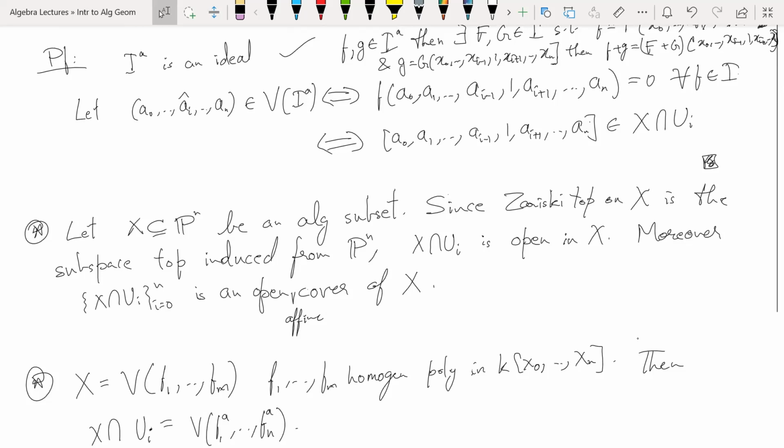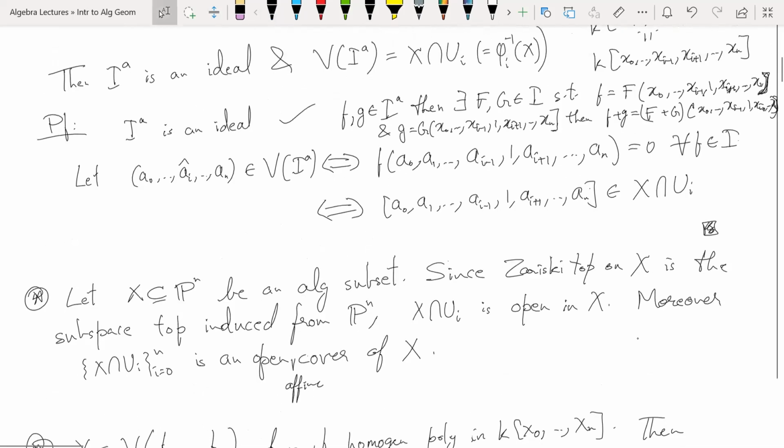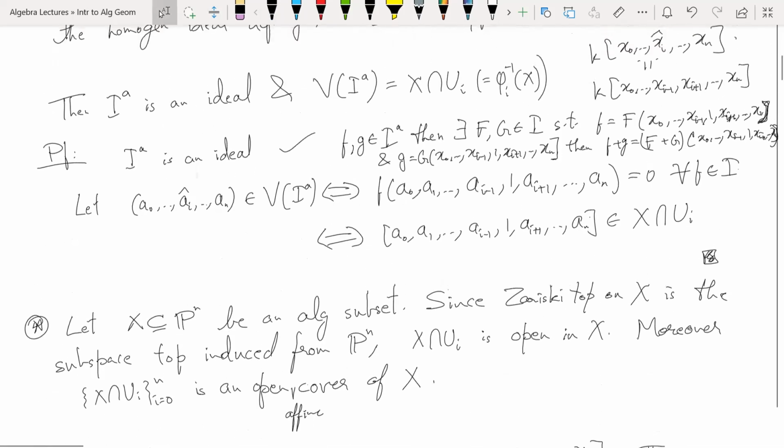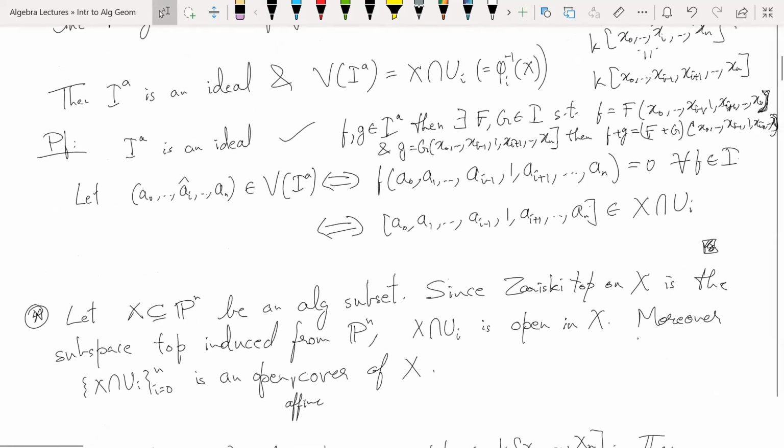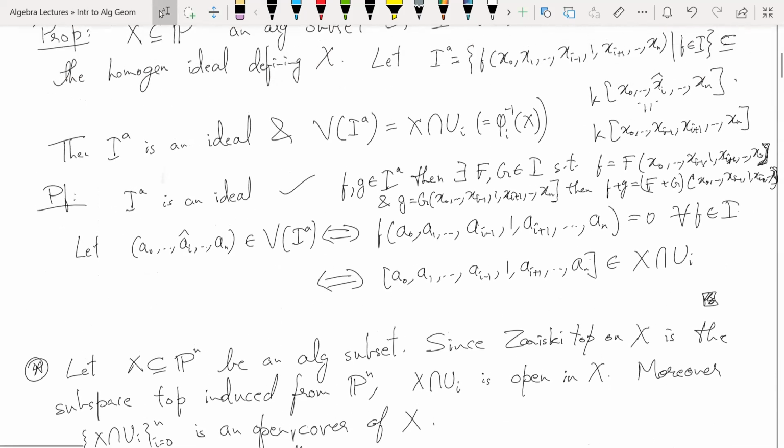So since the U_i are open in Pn, that tells you that. So why is U_i open in Pn in the Zariski sense? Maybe first we should answer that. How do you consider U_i as a complement of an algebraic subset?